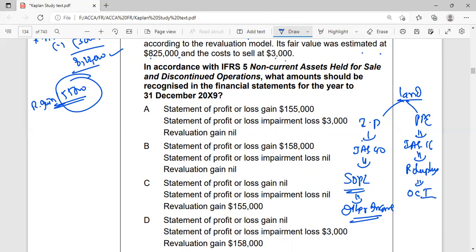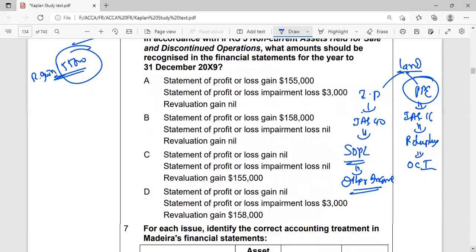So nothing was stated, so it is treated as PPE. In case of PPE, what is the revaluation gain?